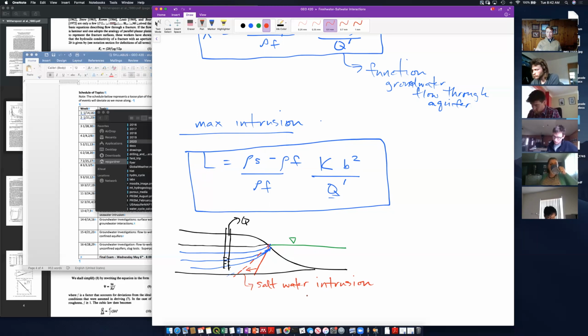Saltwater intrusion is a huge problem in places like Florida, where you've got a lot of people, almost all of whom use groundwater. All the cities use groundwater for their drinking water supplies. And so they've drastically reduced the discharge to the ocean, and the saltwater interface has intruded.